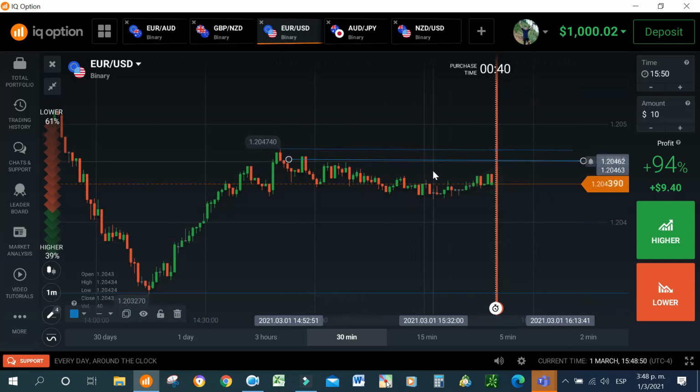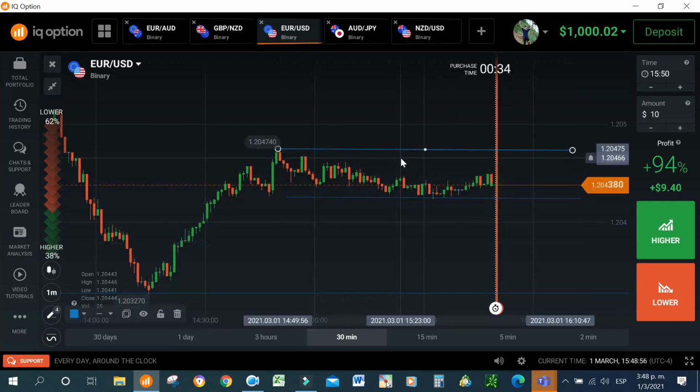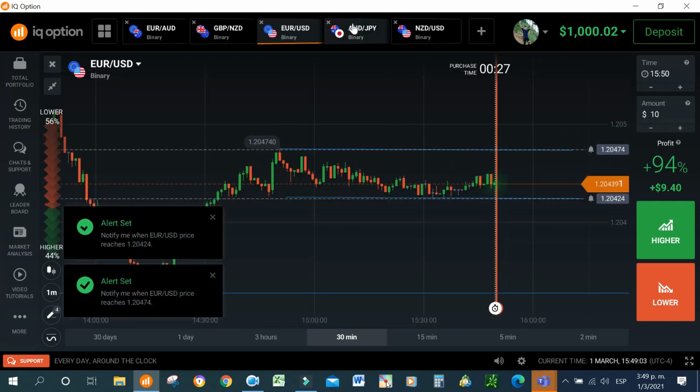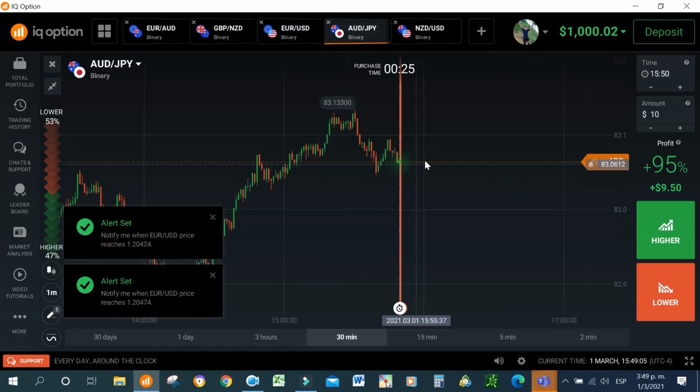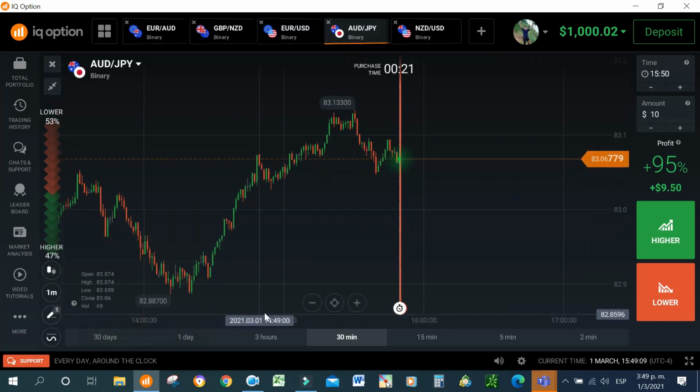Let me clone this level. Alright, now let me set an alert on each level, so when the price reaches those levels, it notifies me about it.